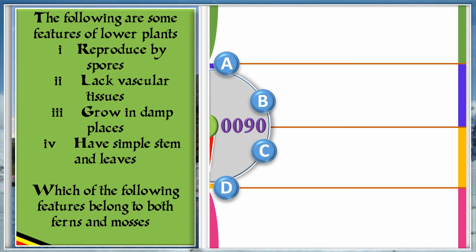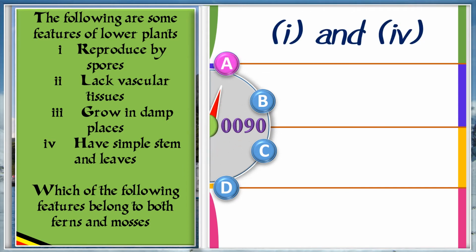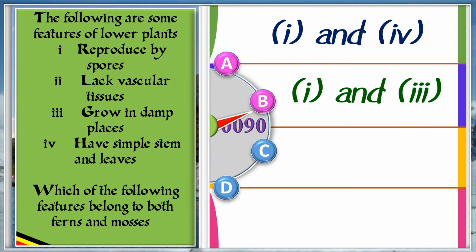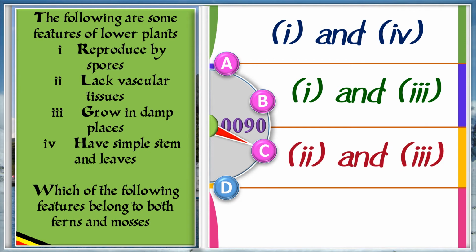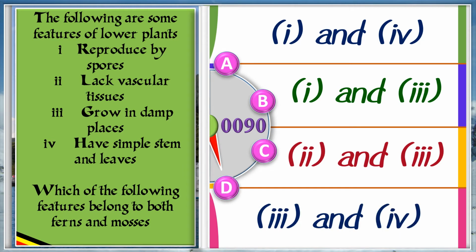A. 1 and 4. B. 1 and 3. C. 2 and 3. D. 3 and 4. And the answer is C. 2, lack of vascular tissues, and 3, grow in damp places.